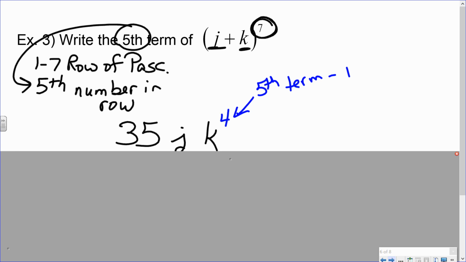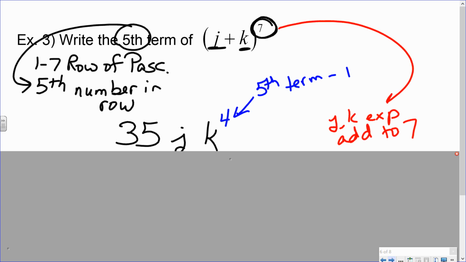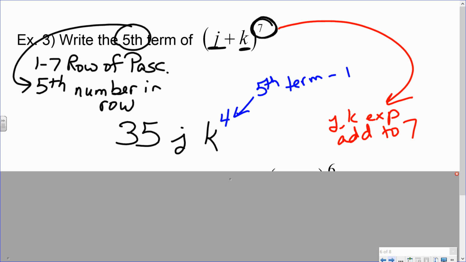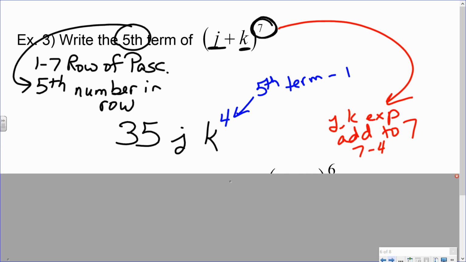And finally, how do I get the j exponent? Casey, you remember how we got the j exponent? I would do the exponent minus 4, so the exponents have to add to that power of the binomial. In this case, we are just taking 7 minus 4, which gives us 3. And there is our fifth term of that expansion without having to do very much work.